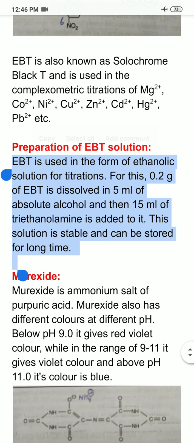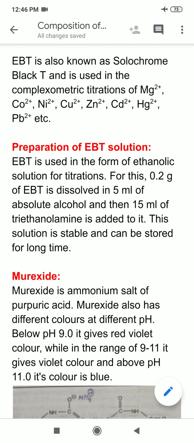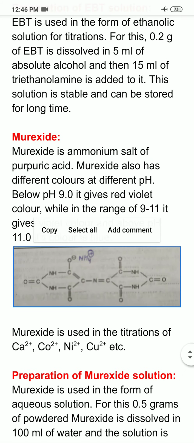Next indicator is Murexide. Murexide is the ammonium salt of purpuric acid. This is the structure of the ammonium salt of purpuric acid. You can see it has two rings, not benzene rings, but rings having amide groups here.